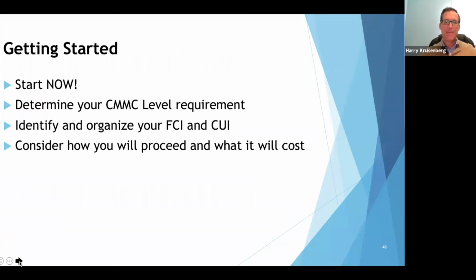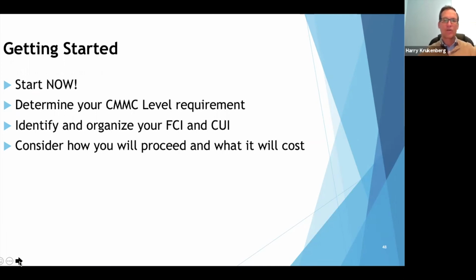So getting started, what can you do? First of all, start now. Even though we showed that the rollout timeline goes to 2026, don't count on your contract being affected by this in the year 2026. It's starting now. 9 programs have already been identified.